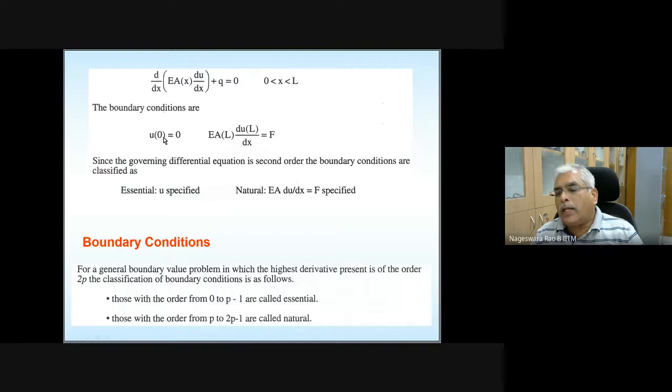Substitute the two boundary conditions and find those integration constants. Once you determine them, you have the entire solution, and that solution is valid over the entire region. Please note that whatever solution we get by that process, we are seeking a solution which is valid over the entire region.